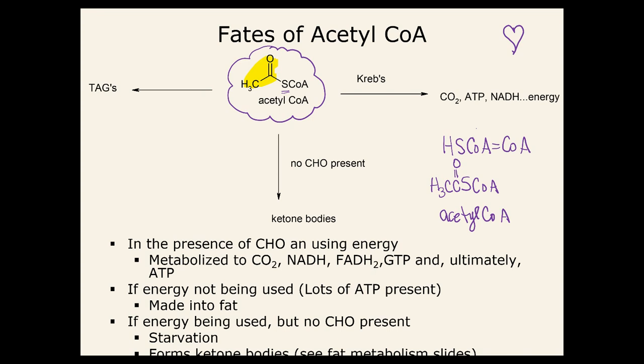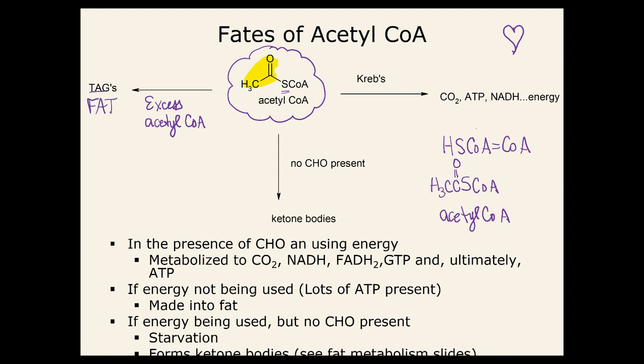Now, I love this slide because it just shows us how important acetyl-CoA is to metabolism. It can be stored as fats, so in excess amounts. Can be stored as fat.